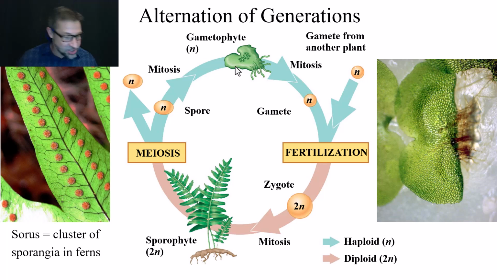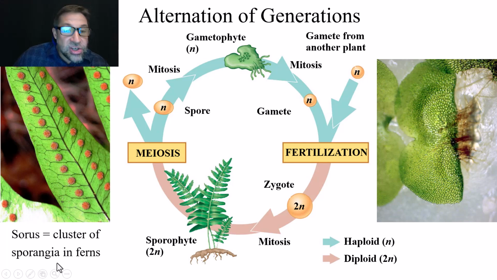That's a challenge. Before we move on, though, this life cycle, this alternation of generations is showing ferns, okay? And so when you look on the underside of the fern leaf, these are not seeds. These are sori, that's the plural. Sorus is the singular. And within that sorus are the sporangia.